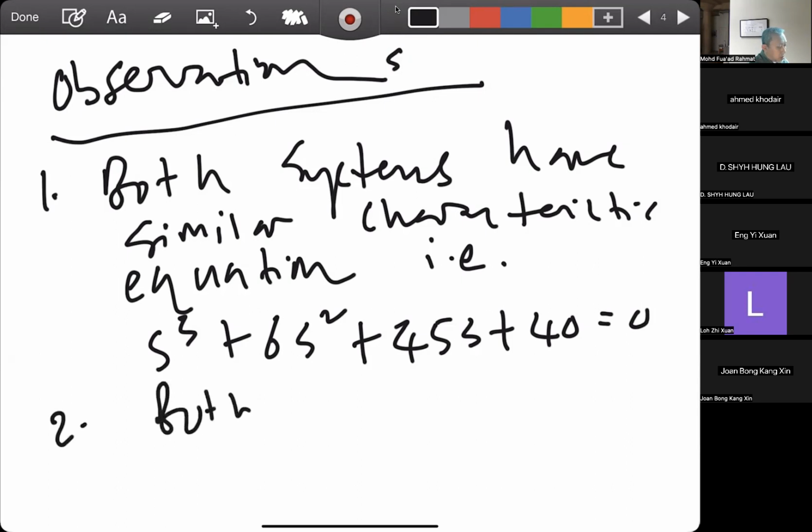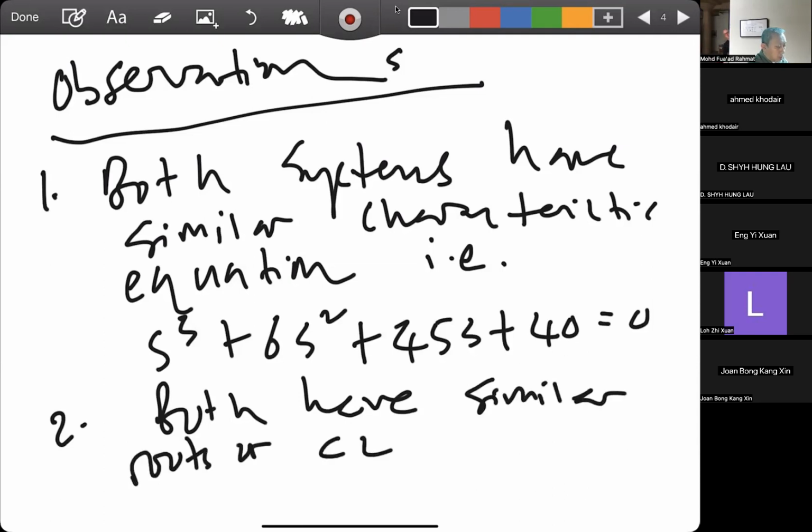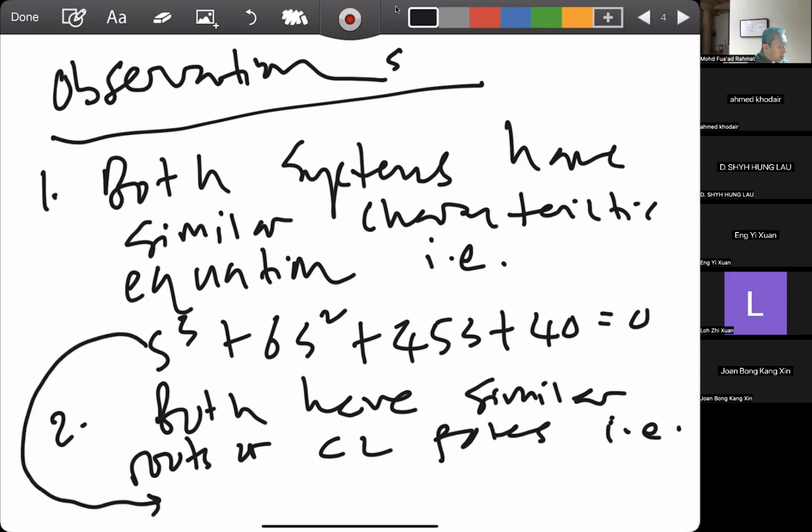Both have similar roots or closed loop poles, okay? I.e., when you use your calculator for this characteristic equation, you will get -1 minus 2.5 plus minus j 5.8. Okay.